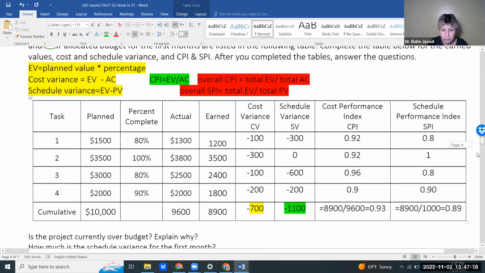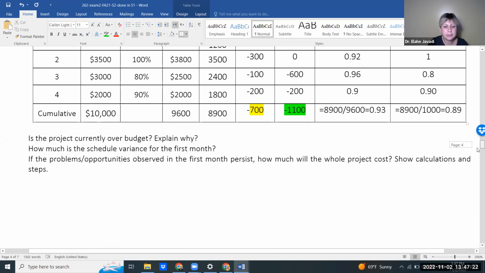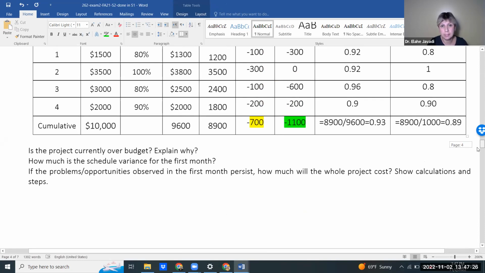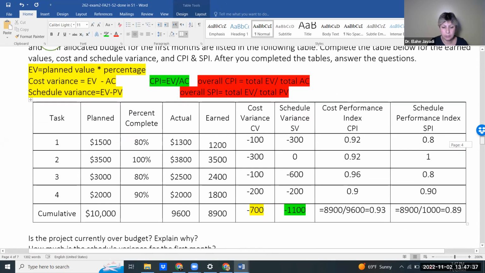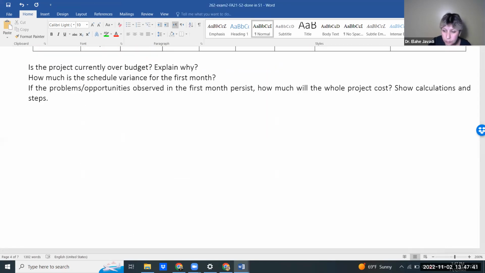Class, I'm going to try to see if we can do this other part. If the problems, opportunities observed in the first month persist for the rest of the project, how much will the whole project cost? Show the calculations and steps. So let's see. If they persist, you have to use the CPI that you just calculated.